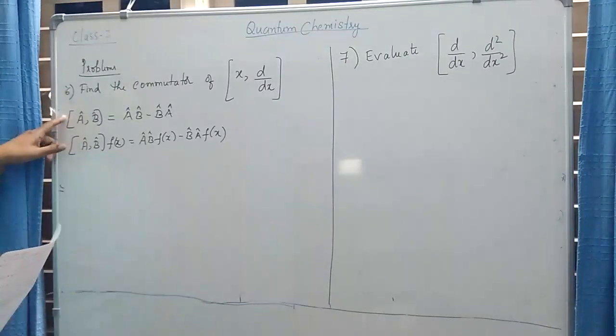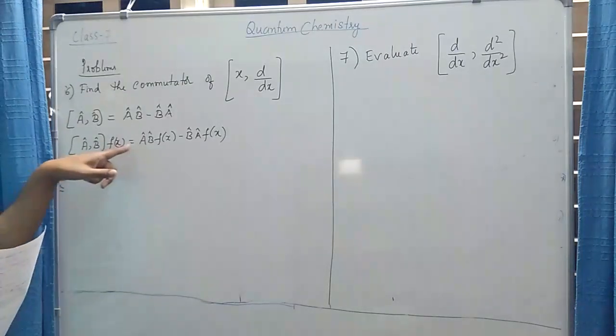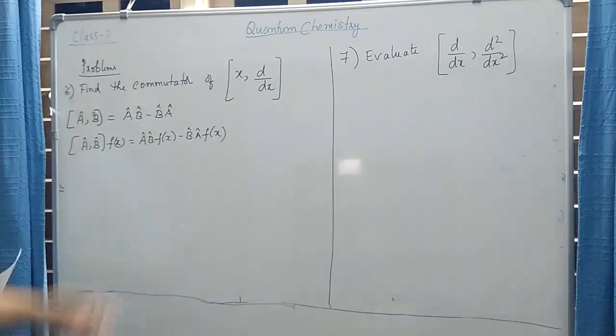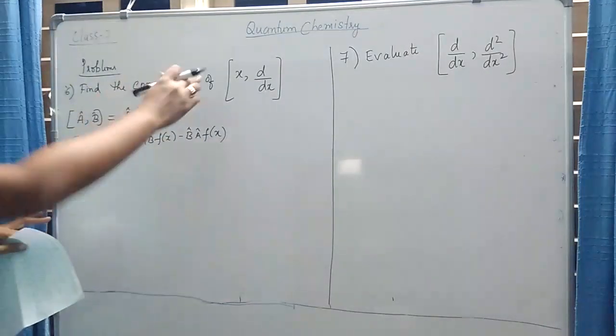So this equation is rewritten here. The commutator operator [A,B] of f of x is A into B of f of x minus B into A of f of x. By using this definition, we can find the commutator of x and d by dx.